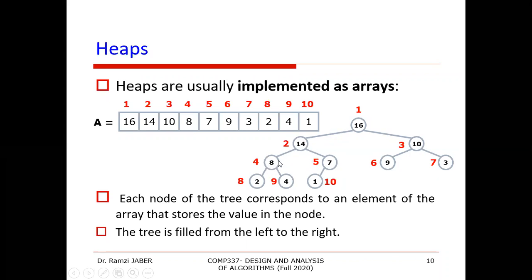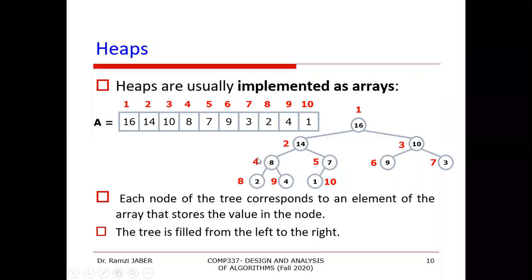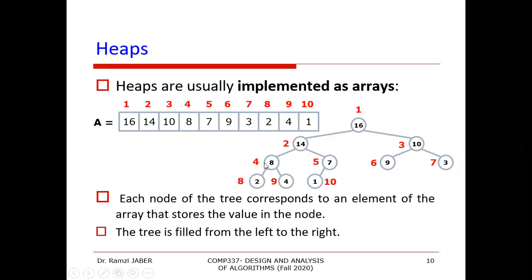Also, if we choose i equal to 4, node 8 here, the left child will be 2i, which is 8, and the right child will be 2i plus 1, which is 9. It's true. Also here, also here, also here.